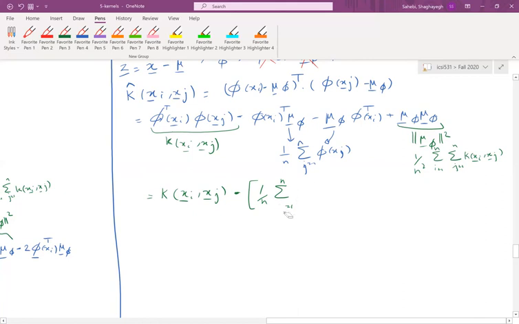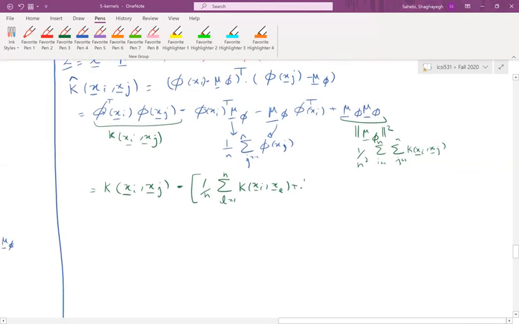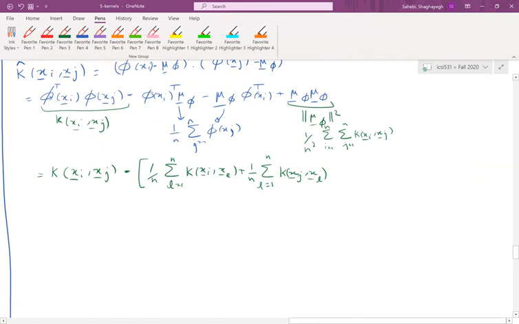Let's call it l so that you don't make a mistake. The kernel between xi and xl, plus 1 over n sigma l equals 1 to n, the kernel between xj and xl, minus 1 over n squared sigma l equals 1 to n, another sigma m equals 1 to n, the kernel between xl and xm.